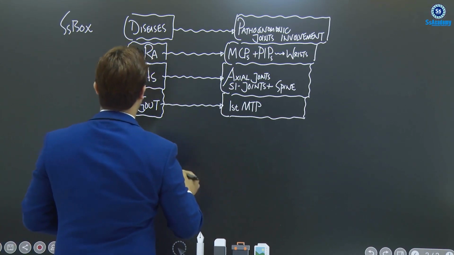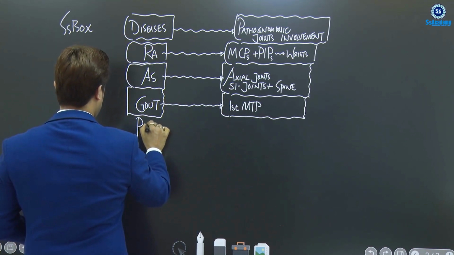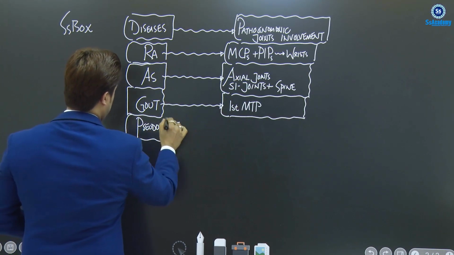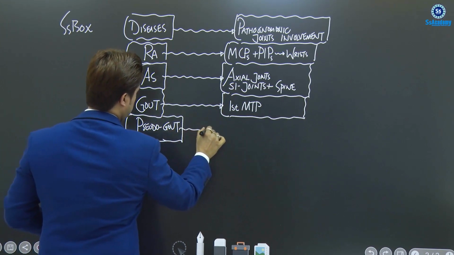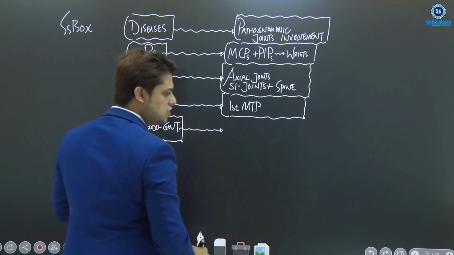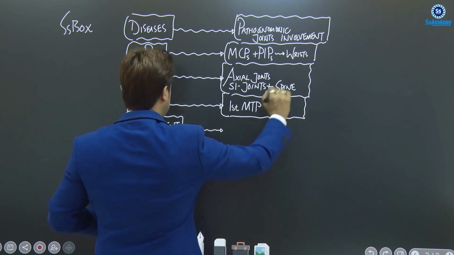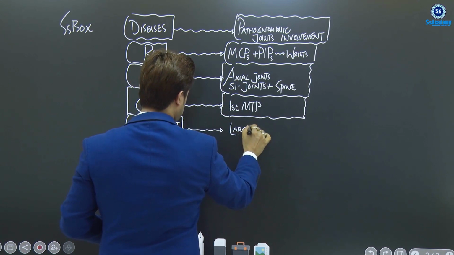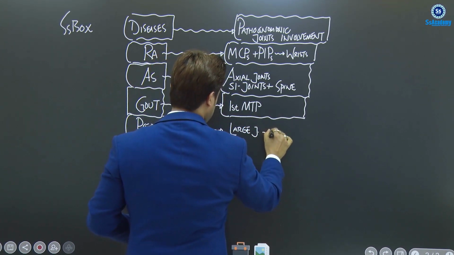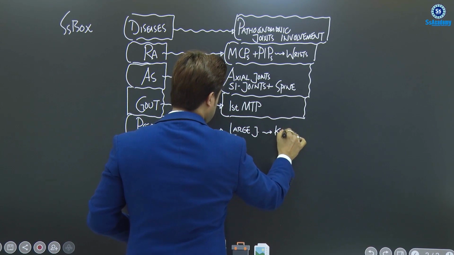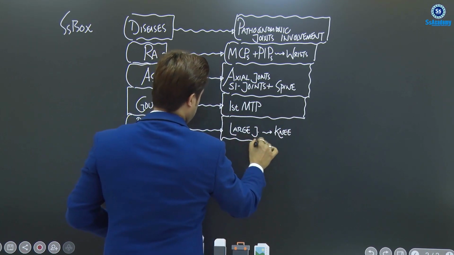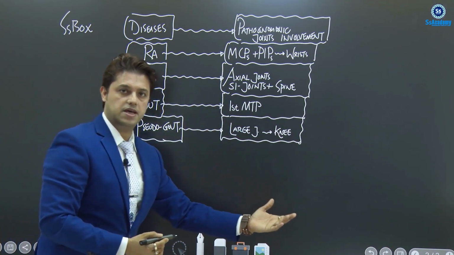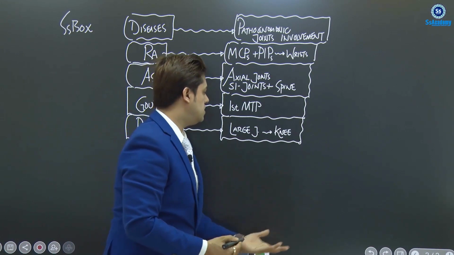In contrast to pseudogout, usually the large joints, especially a single joint that we need to know, the knee joint, my dear. So gout is the first MTP, and pseudogout is the large joints, the knee joint.